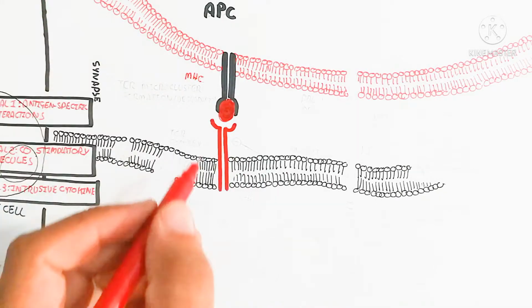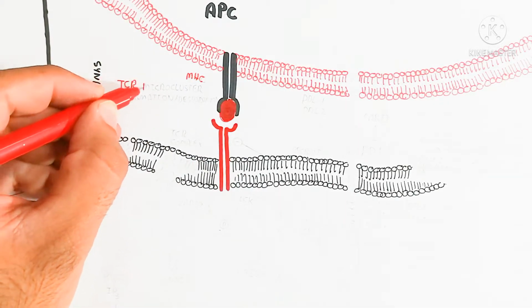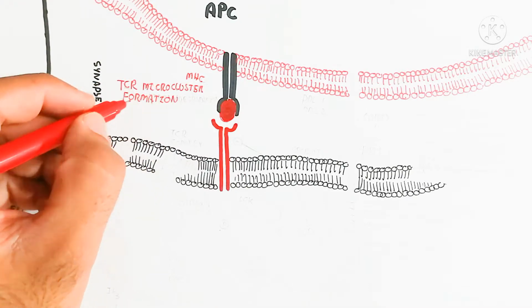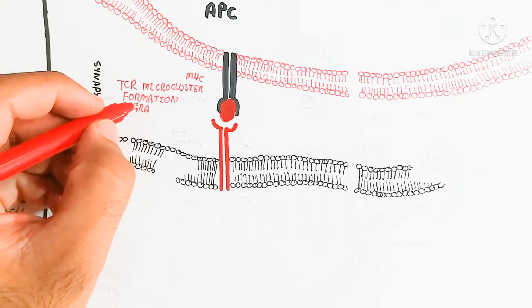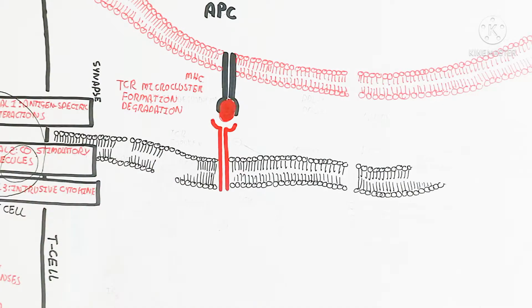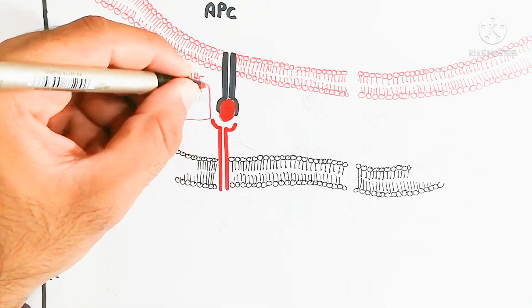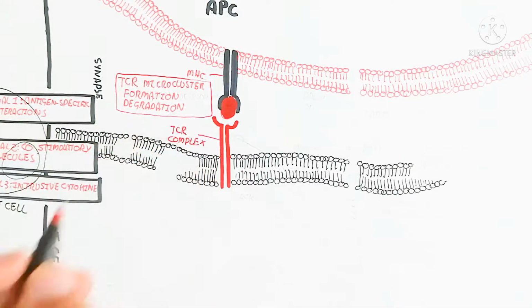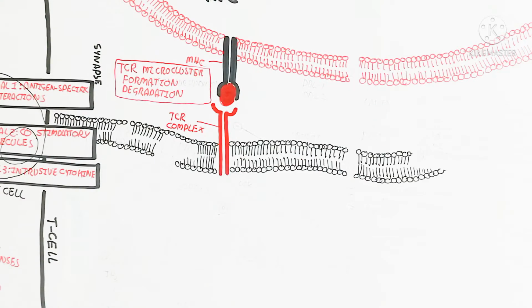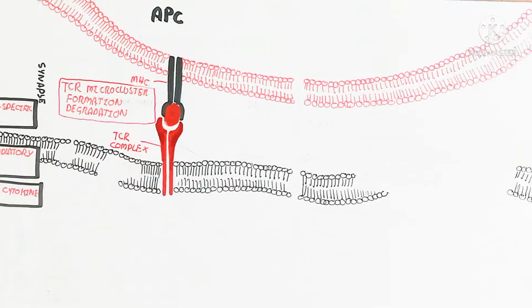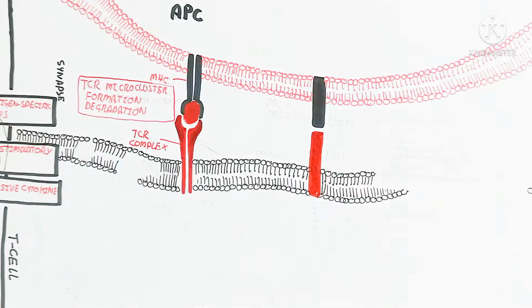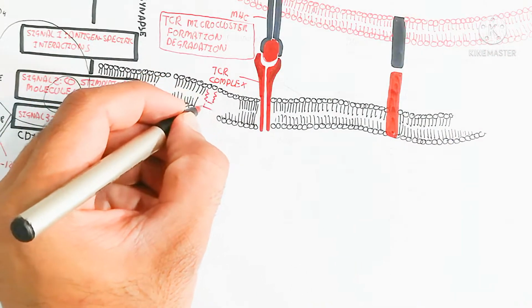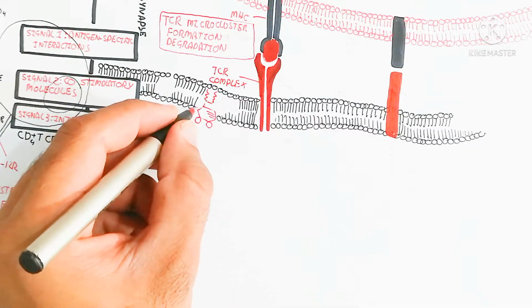Here the MHC class 2 molecules are present on the antigen presenting cell, which show the T cell receptor microcluster formation, and in this way you can see the T cell receptor complex formation. LCK binds with the T cell receptor complex, and the cytoplasmic domain is the T cell LCK.